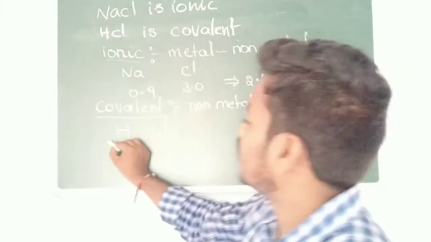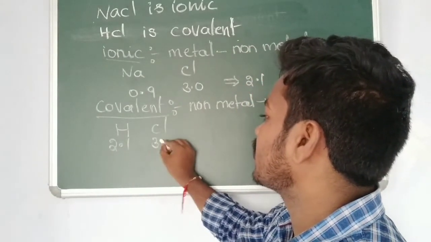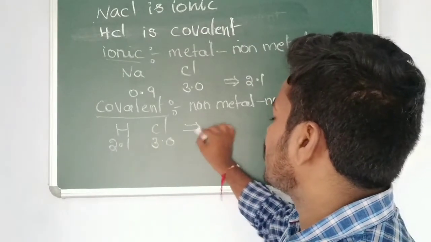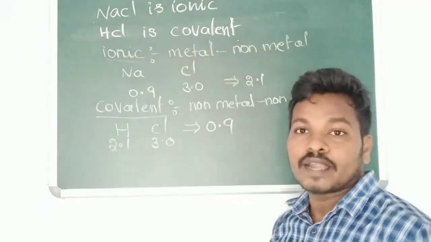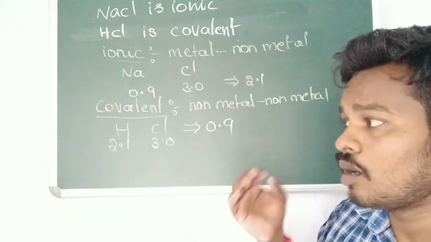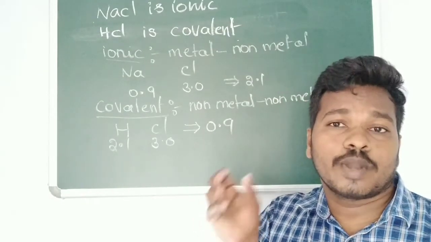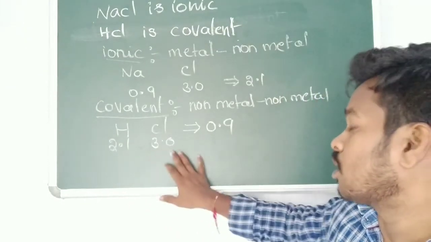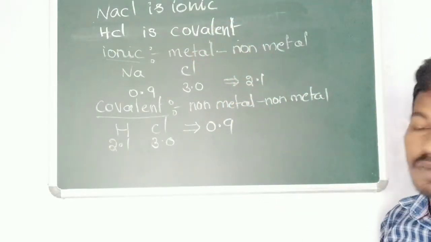Hydrogen has an electronegativity of 2.1 and chlorine has 3.0. So what will be the electronegativity difference? It is equal to 0.9. Based on electronegativity, there is a very small electronegativity difference between hydrogen and chlorine. That's why it forms a covalent bond.